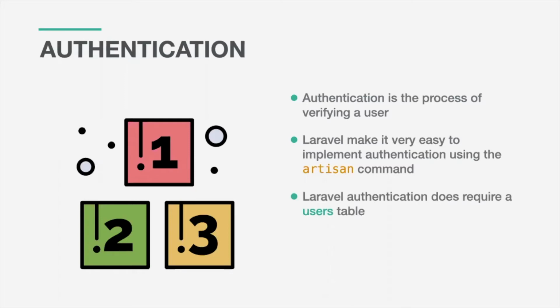Laravel's authentication implementation does require a users table. Fortunately, Laravel has provided the migration file for that users table, so we'll just need to run a migration to create that table for us, and then we'll be all set to go with authentication.